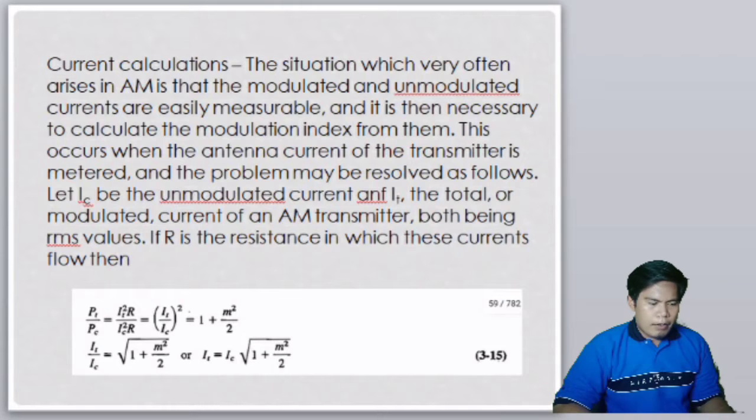power total over power carrier is equal to the modulated current squared times resistance over the unmodulated current squared times resistance, which is equal to the modulated over unmodulated current squared, which is equal to 1 plus M squared over 2.